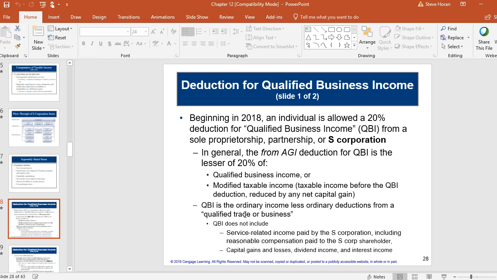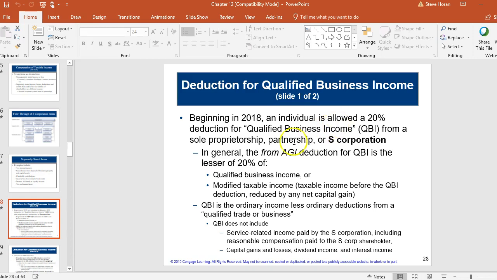And so to give that benefit to pass-throughs, it became the QBI. There's a little bit about the QBI on page 12. There's a good chart there that explains it, I think a bit better than this slide, about what the QBI is and all that good stuff. So take a look at page 12, and we'll work a problem that deals with it also.